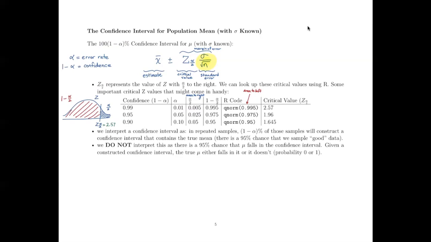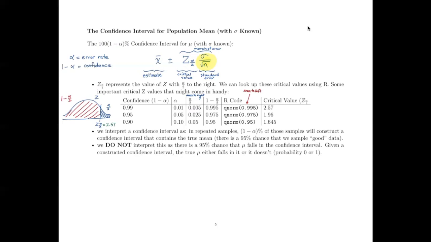It's probability 0 or probability 1. So it's only in theory, before we've constructed the confidence interval, that we're talking about repeated sampling. If we were to do this over and over and over again, how many of the intervals will contain the true population mean mu? That's an important distinction to make, and it's a little bit tricky, I think, to wrap your mind around the first time you hear it, but we'll go over it again and again.